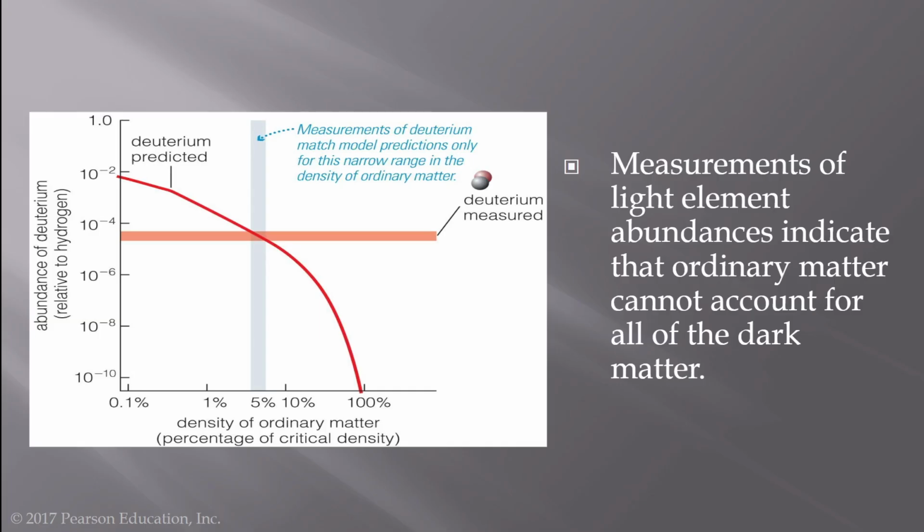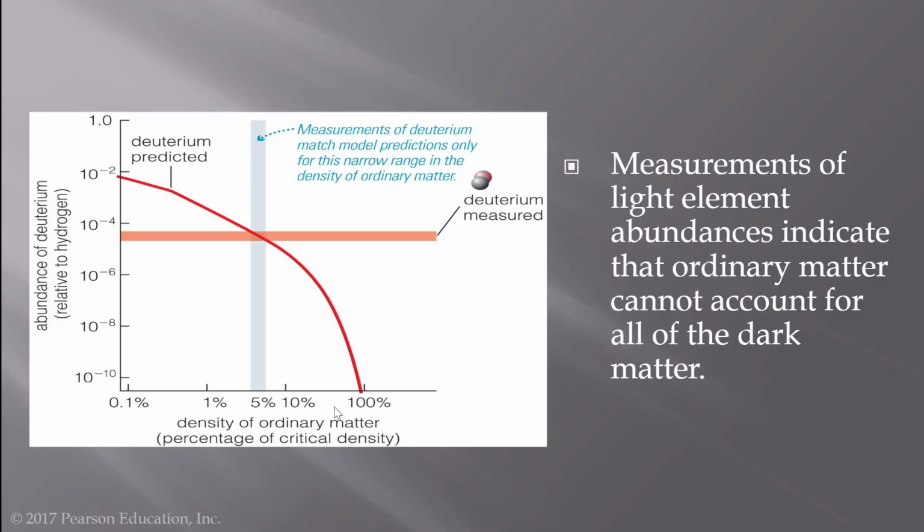Additionally, if we take a look at the abundance of elements, and specifically deuterium, that's predicted from Big Bang nucleosynthesis, we end up with way more deuterium that is measured compared to what would be predicted to be created in the Big Bang if we had 100% ordinary matter comprising our universe.